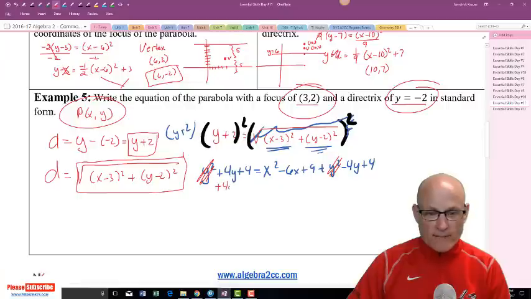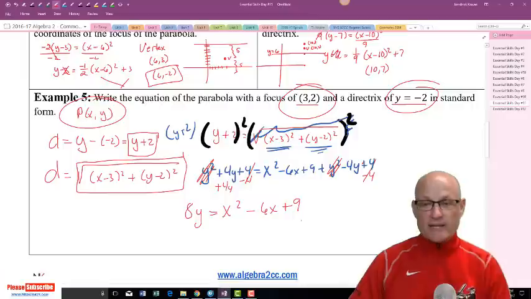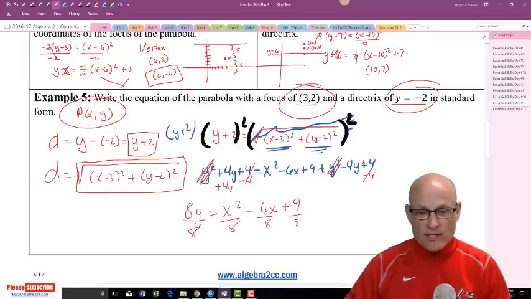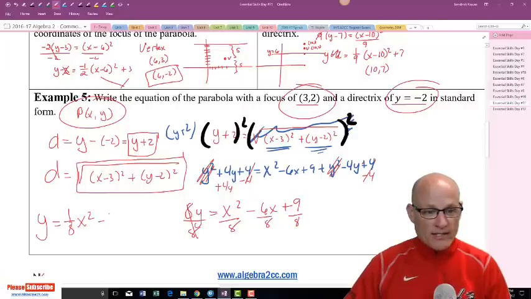I'm going to add 4y, and I get 8y equals, I'm going to bring this 4 over by subtracting 4 on both sides, equals x squared minus 6x plus 9. I still got to solve for y, so I'm going to divide by 8. So my equation is y equals 1/8 x squared minus 6 over 8, you can reduce it, x plus 9 over 8.